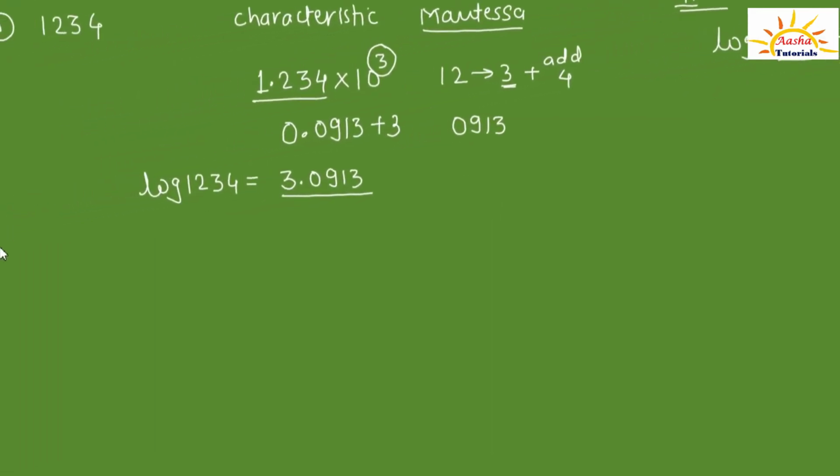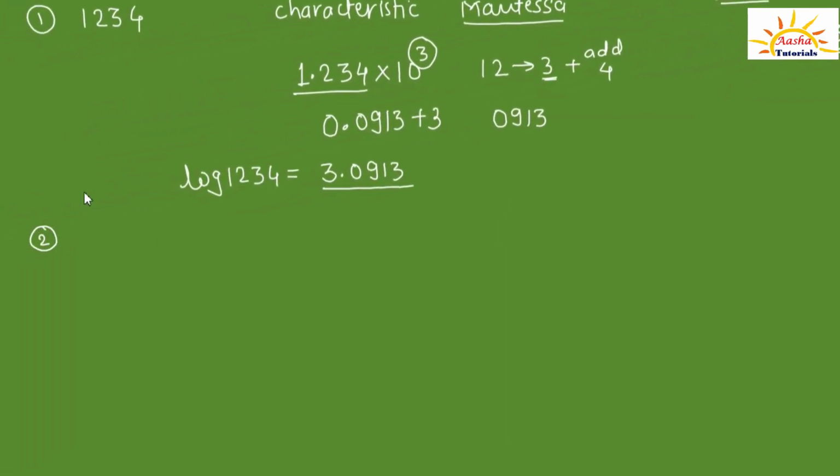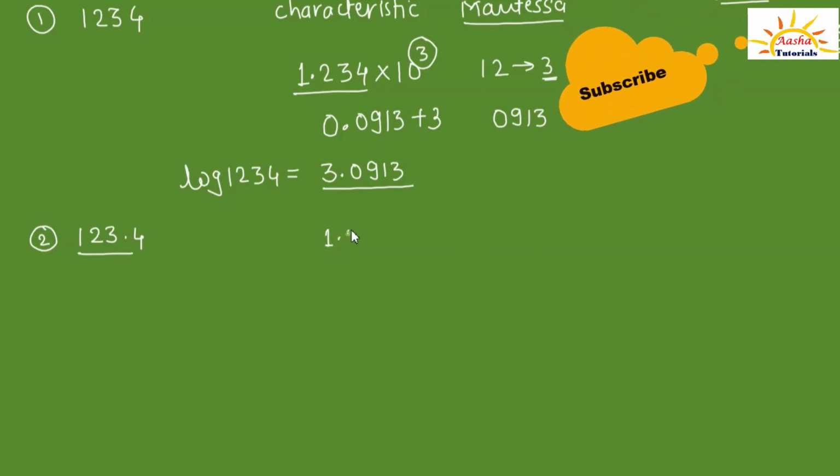Now let us take another example. If the number we have is 123.4, how can we find the log of this particular number? If I go with the first method, I first have to convert this number to between 1 and 10. So let me write that as 1.234 times 10 raised to 2, so that the value doesn't change.